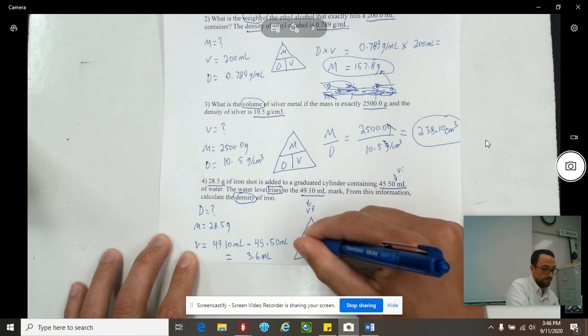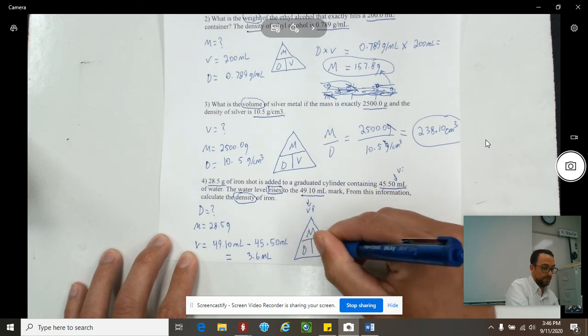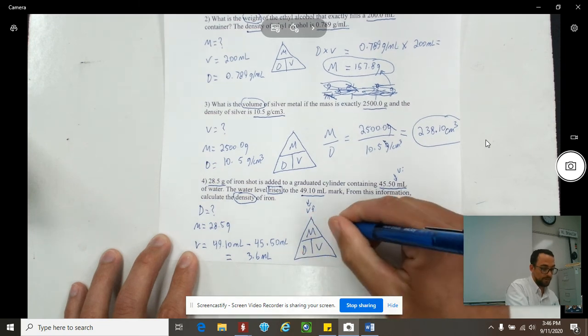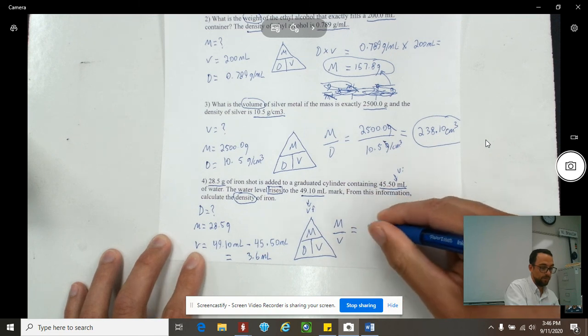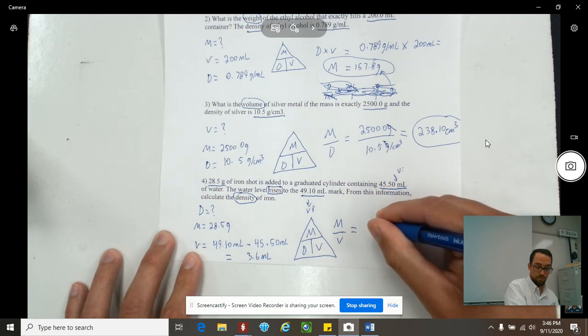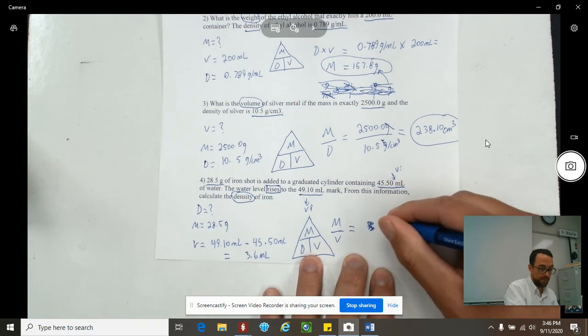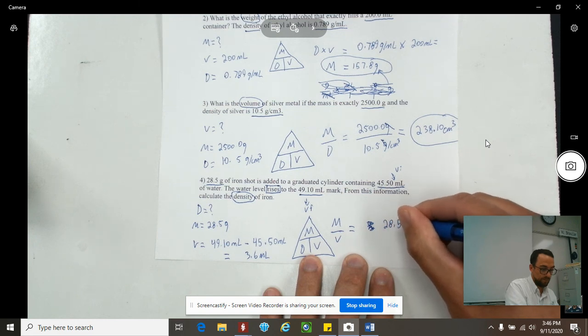So now I can make my handy-dandy triangle. I've got mass, density, volume, DMV. I cover up what I'm looking for, density, and now it's just a simple problem like we've been doing, right? Mass over volume equals what? Let me write this out a little better. M over V, so let's put them there. Sorry, I'm jumping ahead, just like you guys in class sometimes.